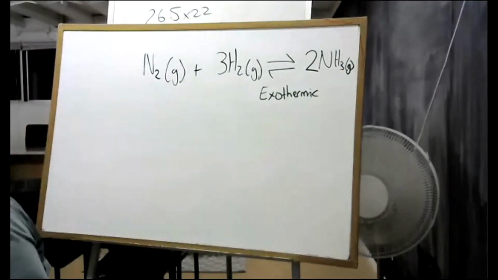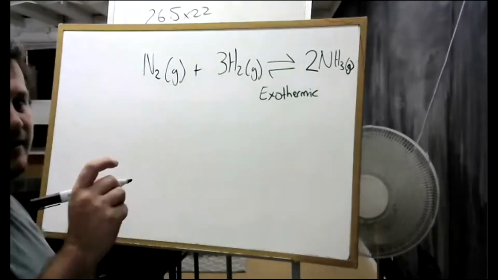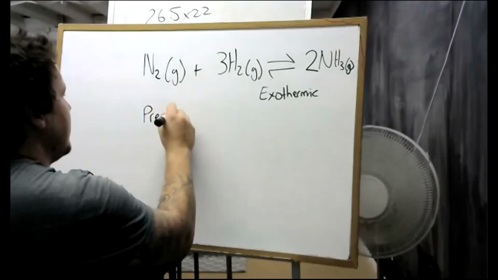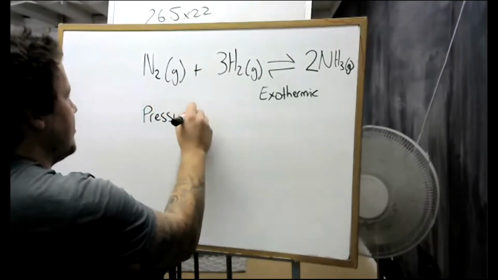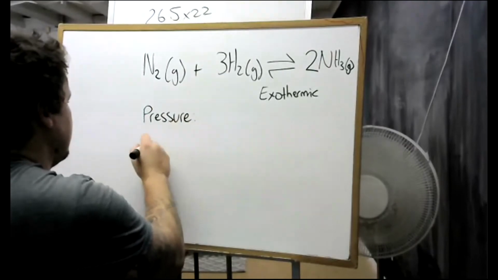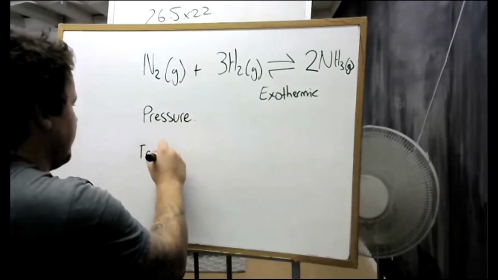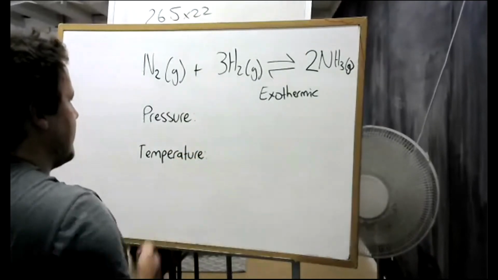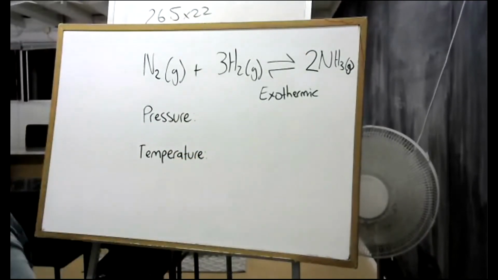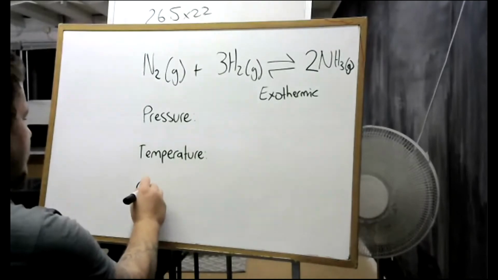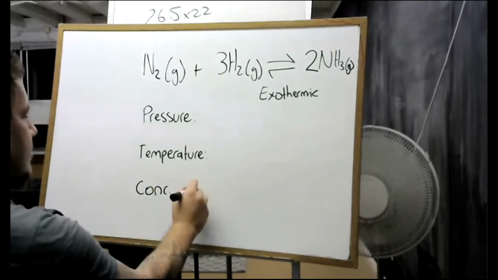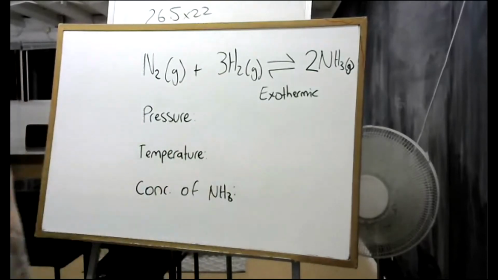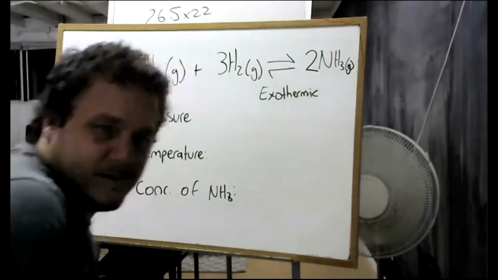So we need to monitor three things. The pressure. Anyone tell me why we need to monitor the pressure? Temperature. Pressure, temperature, and the concentration of NH3. Why do we need to monitor these?